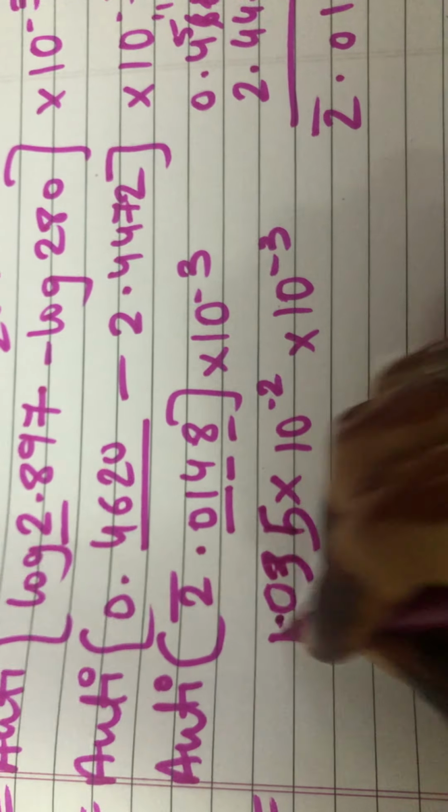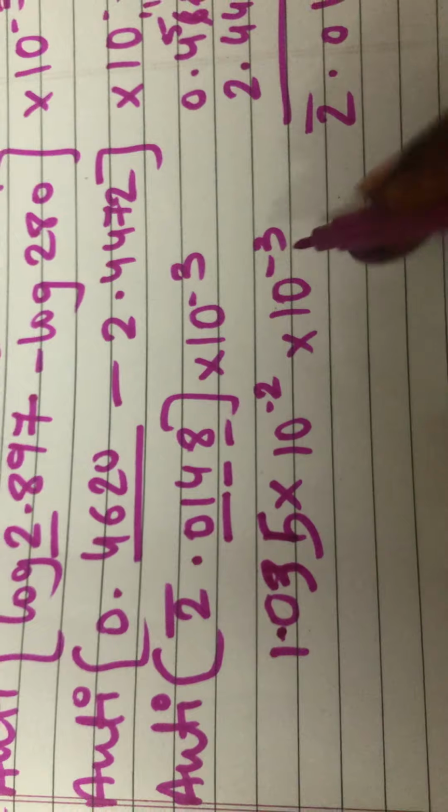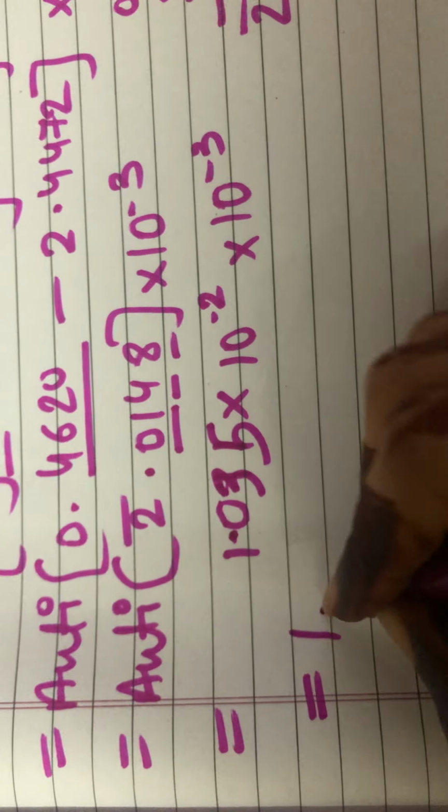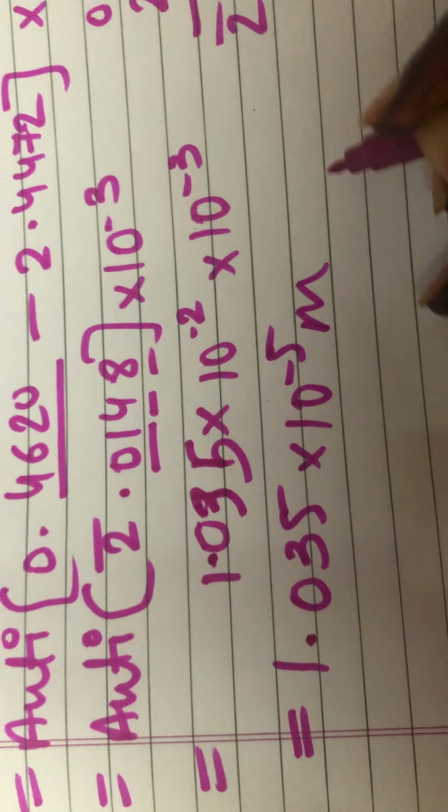After one digit I'll put the point. Since I have minus 2 over here, I'll write 10 raised to minus 2 into 10 raised to minus 3. So it is 1.035 into 10 raised to minus 5 meter.